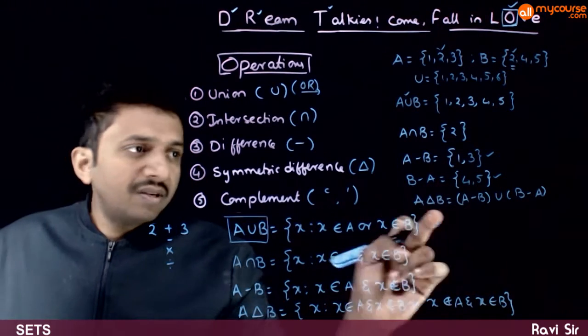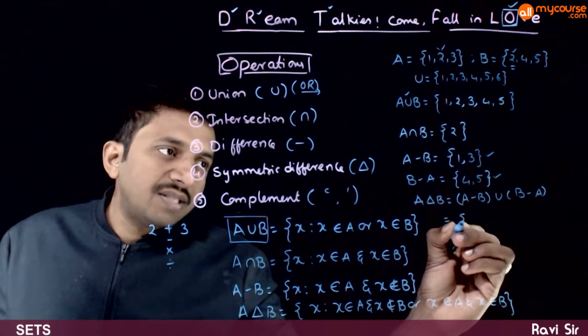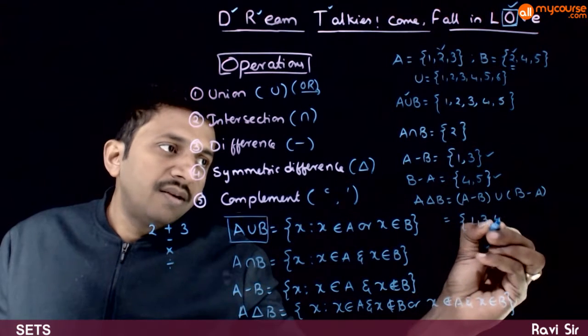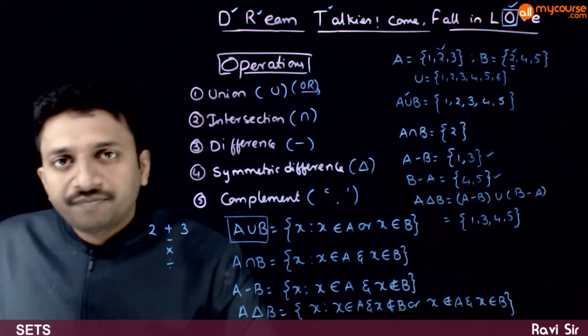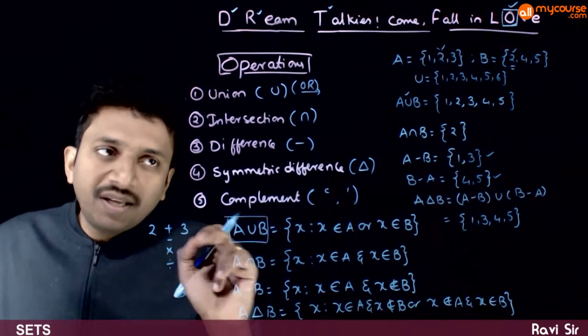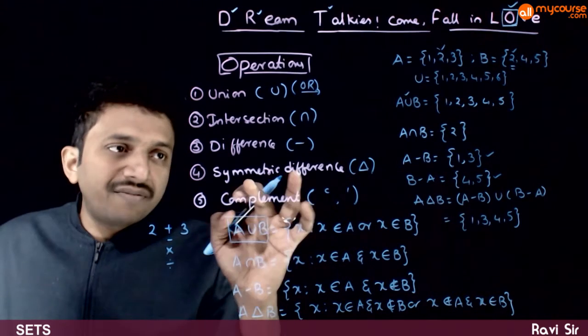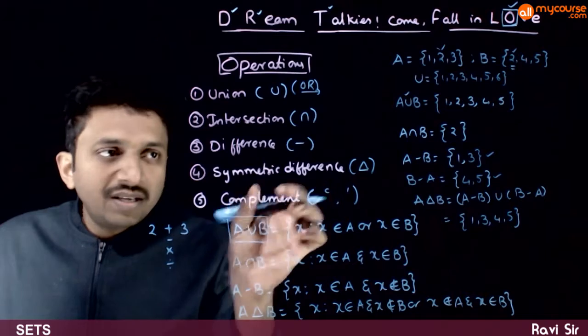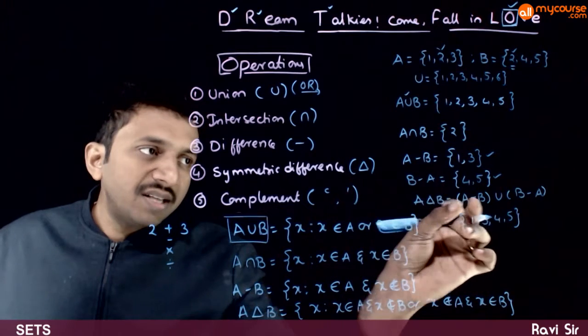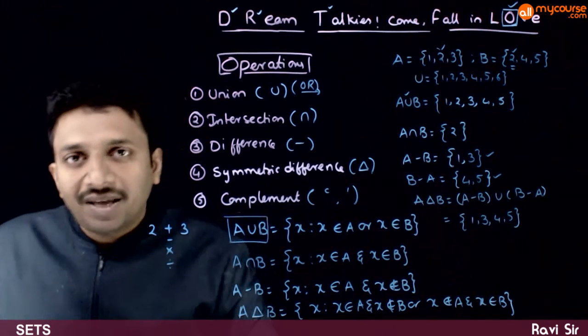That gives you A delta B, which is equal to the set containing 1, 3, 4, 5. So A delta B is called the symmetric difference of A and B. So the symmetric difference of A and B is A minus B union B minus A.